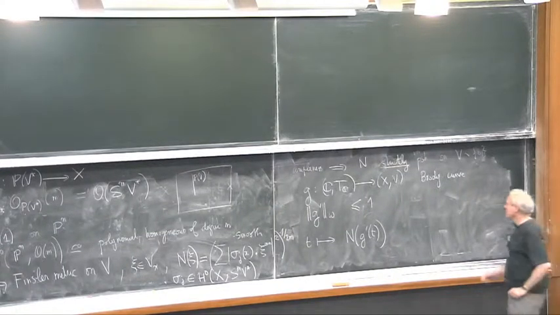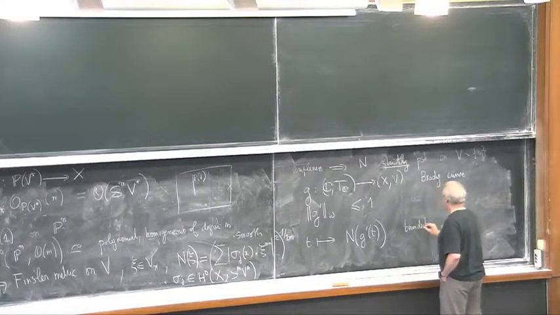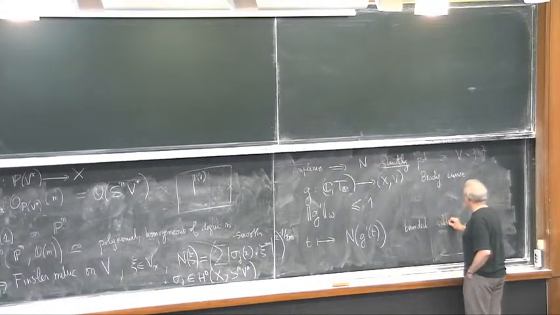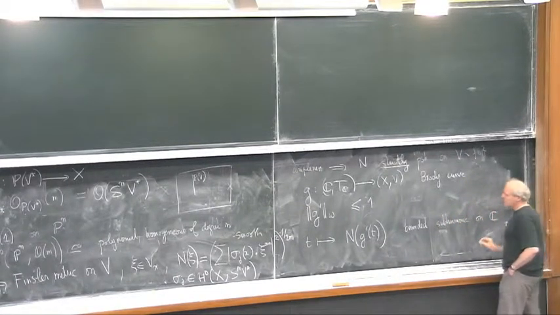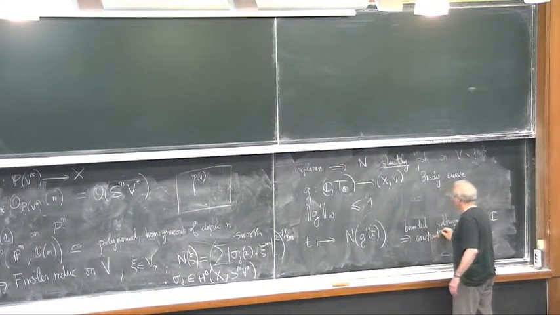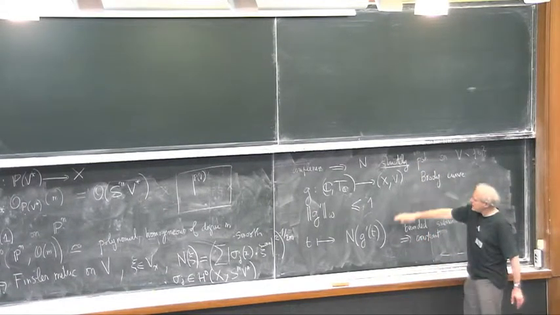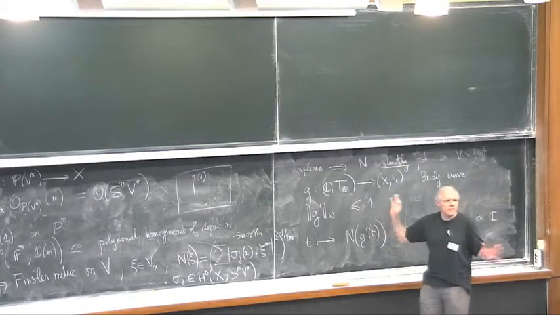So the only possibility is that this function is constant and equal to 0, which means that g is constant. Okay, so this is a bounded subharmonic function on C, therefore constant. But because it is strictly plurisubharmonic, it must lie in the zero section.